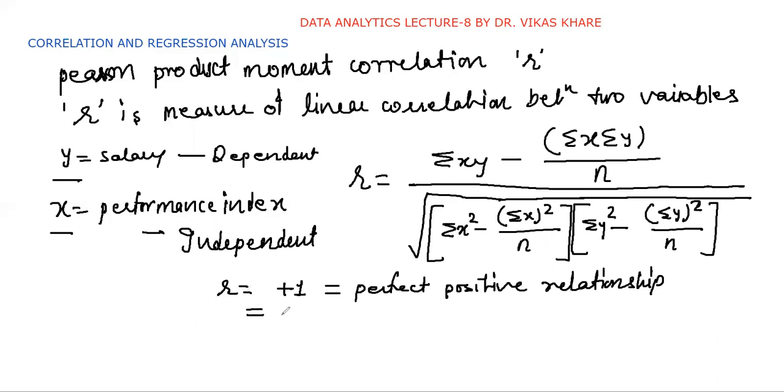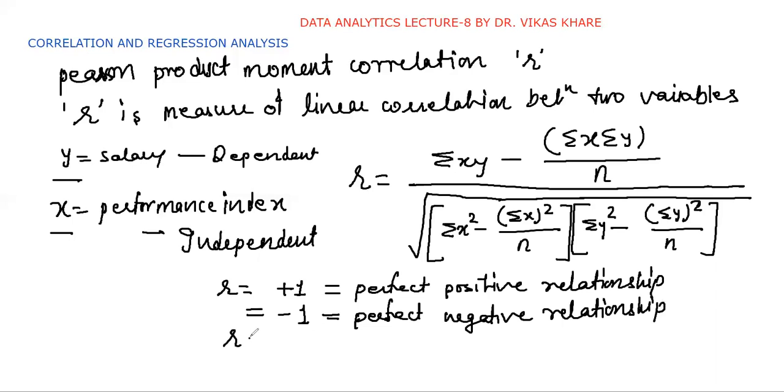Then r equal to -1, or towards -1, is a perfect negative relationship.